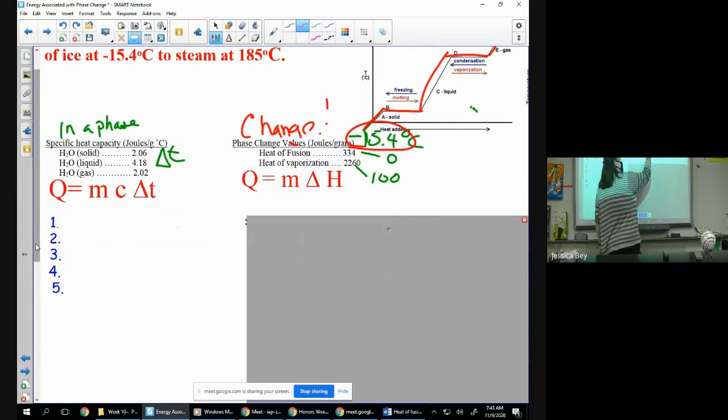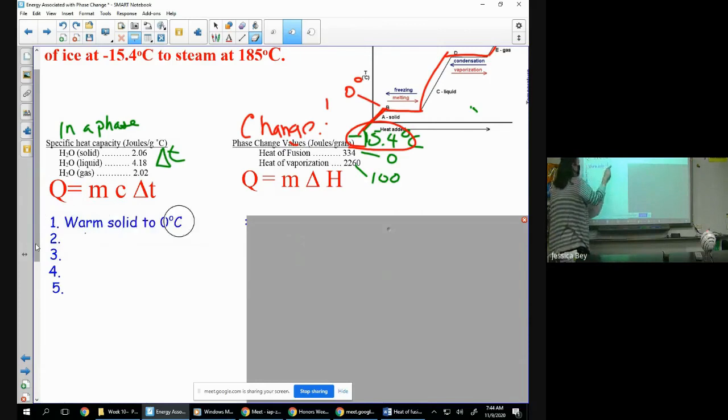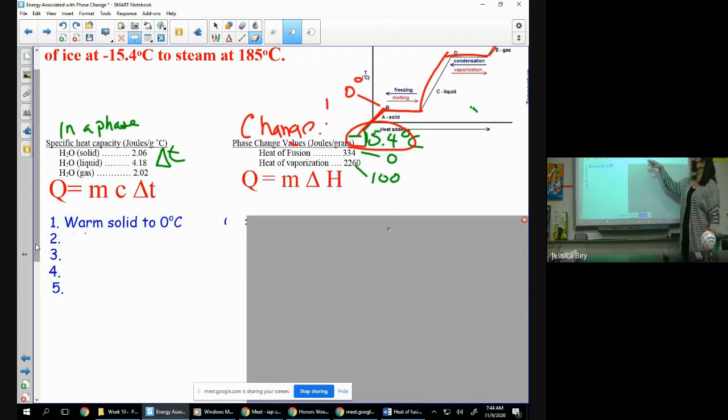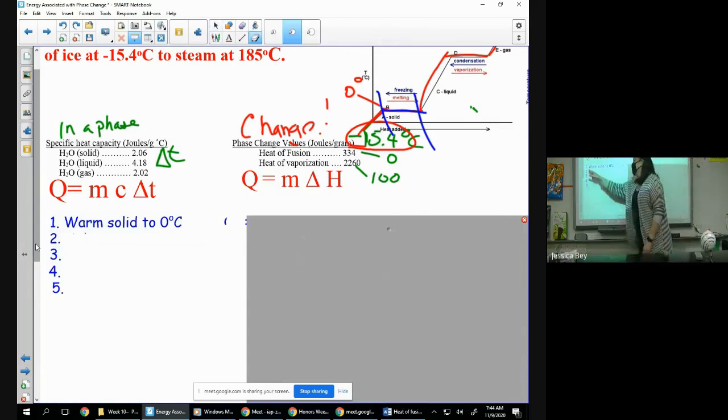The first thing I have to do is warm my solid to what temperature does it melt at? 0. So the first thing you need to do is warm your solid to 0. That's the first road I'm going to travel. Then I stop here. Then the next thing I need to do is I need to melt. That's going to be my next road.